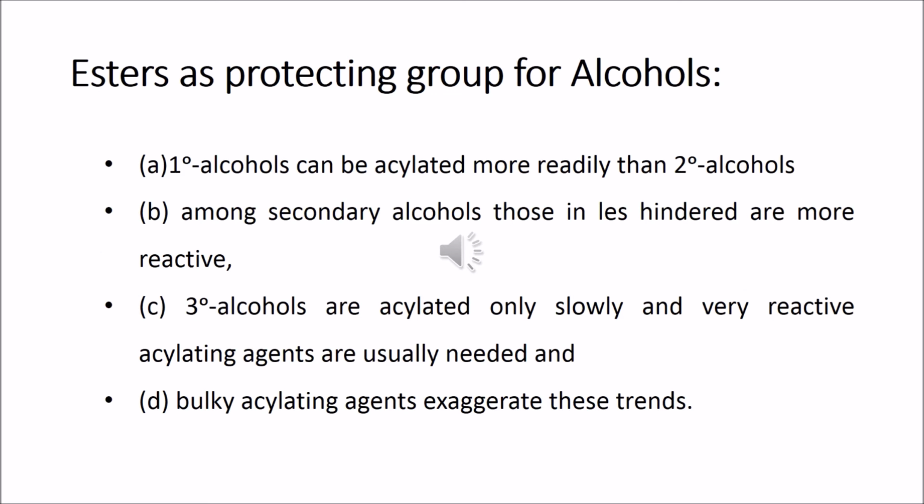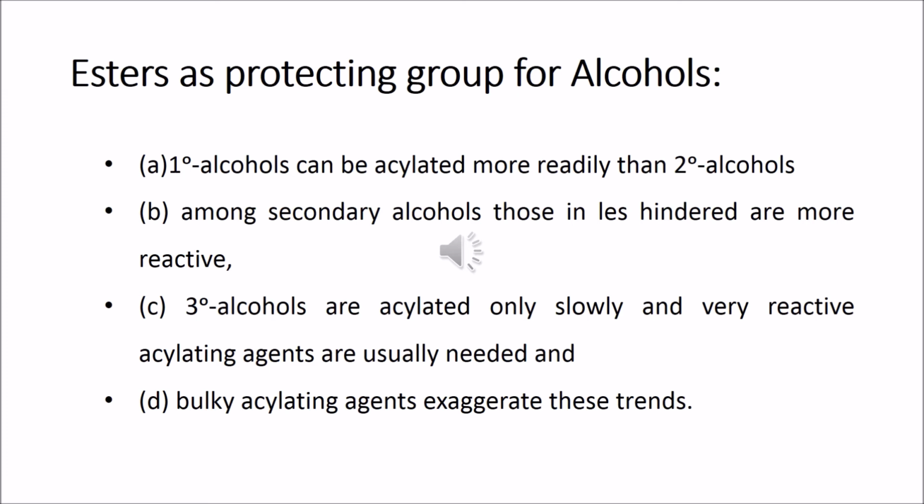Esters, in general prepared from an alcohol and an acid chloride or acid anhydride, and carbonates, in general prepared from alcohol and chloroformate, are cleaved by basic hydrolysis, and silyl ethers are cleaved by acidic hydrolysis, as protecting groups for alcohols.